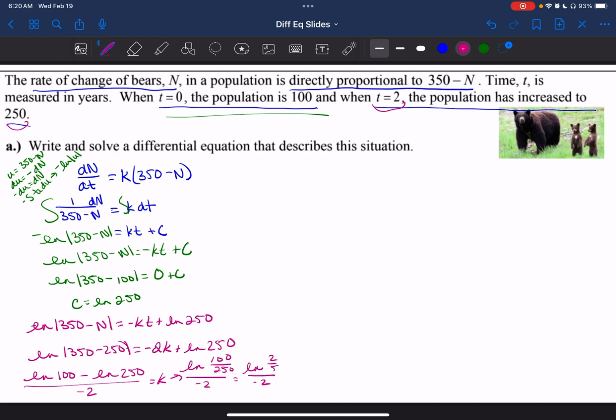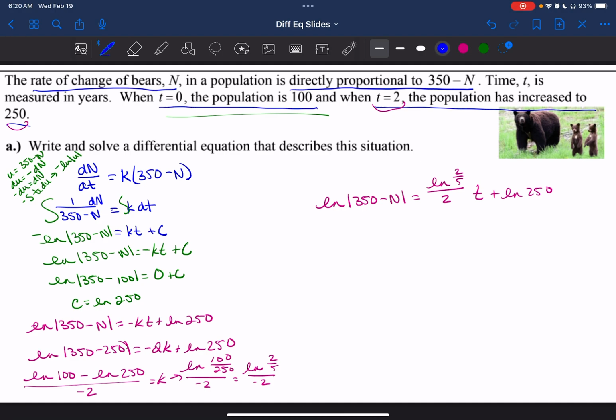So my equation now looks like, putting it all together, we've got the natural log of absolute value of 350 minus n equals the negative of my k, so that means positive ln of 2/5 all over 2 times t plus the natural log of 250.